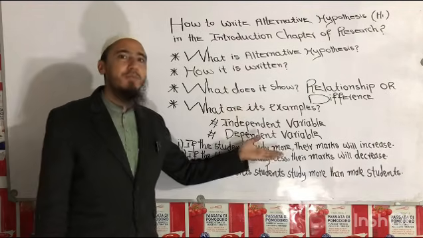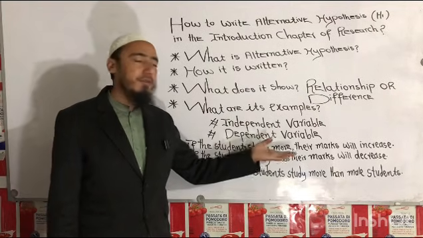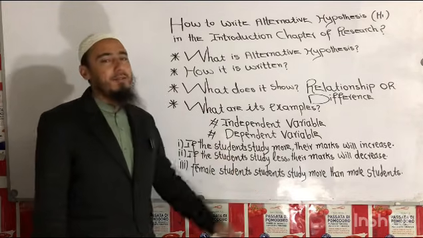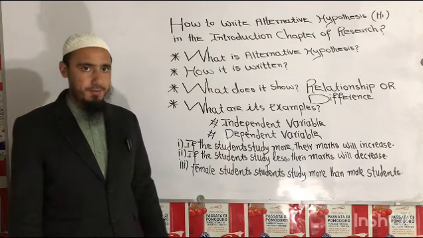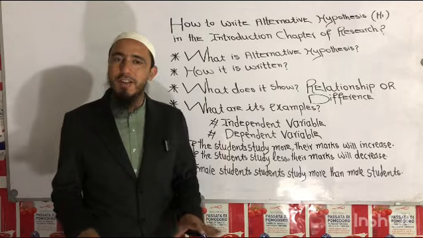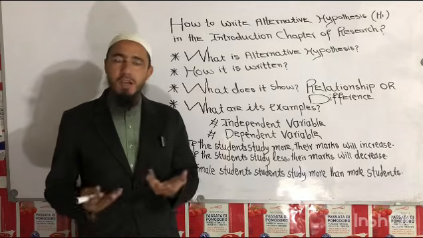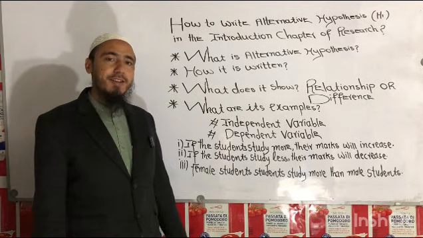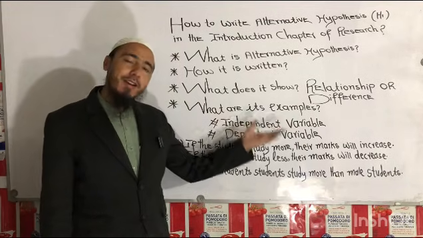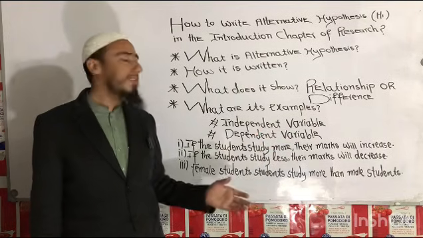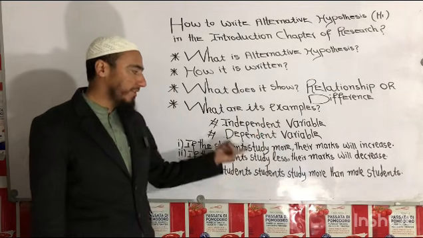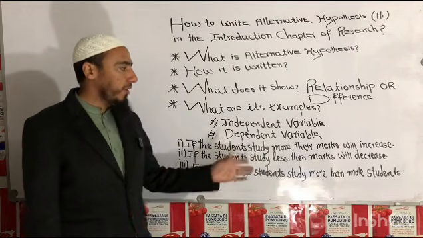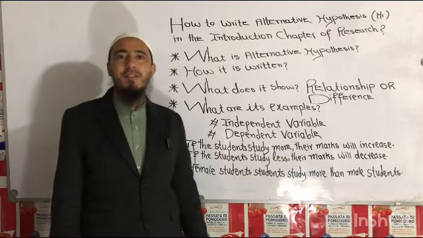When the relationship between two variables is present like this, it is called a positive relationship, and this is an example of alternative hypothesis. It's not necessary that there will be a positive relationship. There could be a negative relationship between two variables as well. For example, if the students study less, their marks will decrease. Here which type of relation is that?